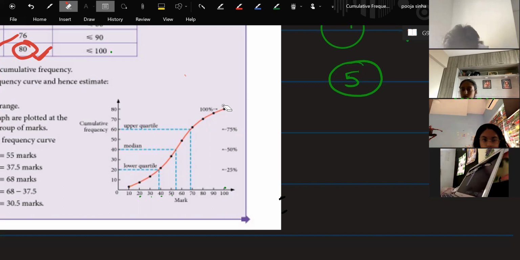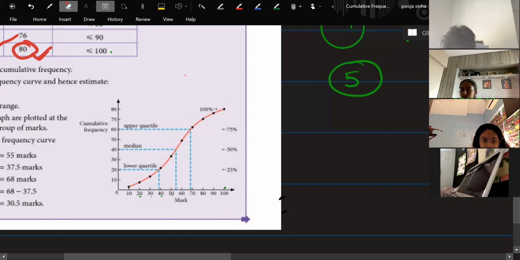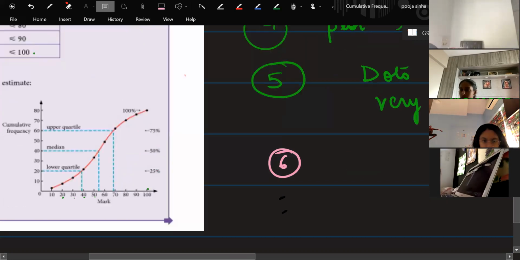Next question will be about the sixth point. The sixth point will ask you, now you've drawn your chart, you've drawn the curve. Now you have to tell what all things you have to find out from this.